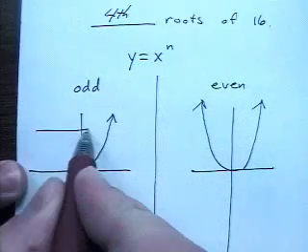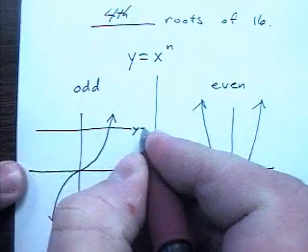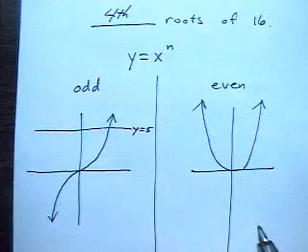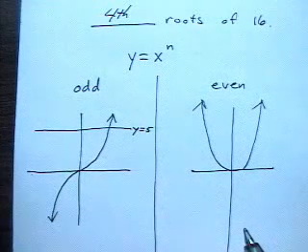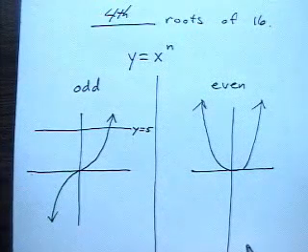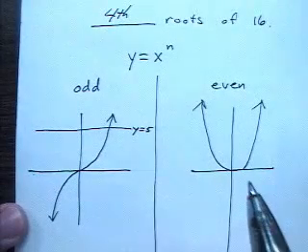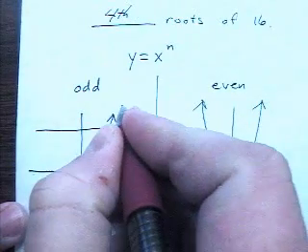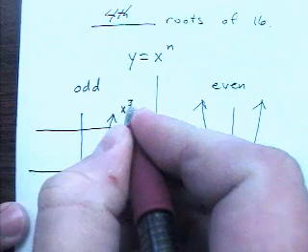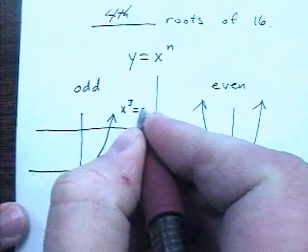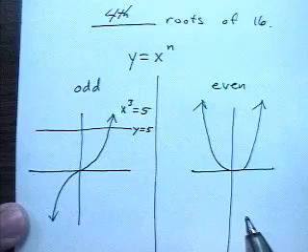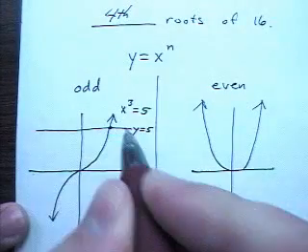Well, what happens if I take y equals 5 and intersect it with this graph? The question is, how many times do they intersect? Or how many solutions would there be to something like this: x to the third equals 5. The answer is only one solution.